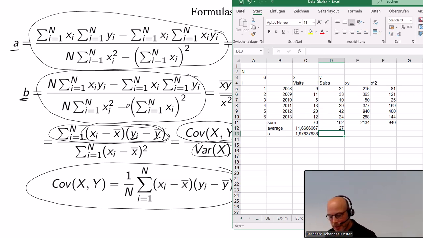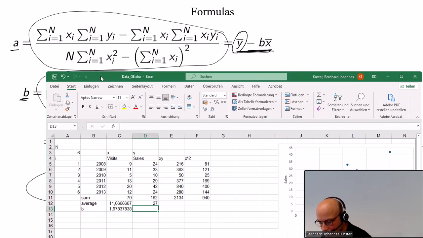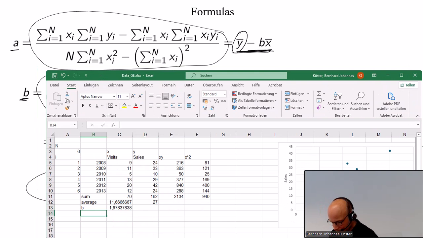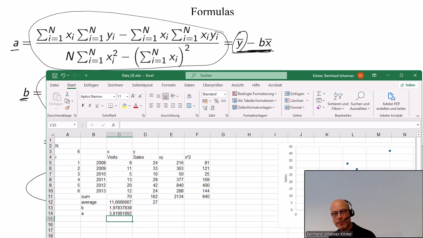Then we obtain A equals y bar, 27, minus B, which we have already calculated, 1.97, times x bar, 11.666, and we have our 3.981.